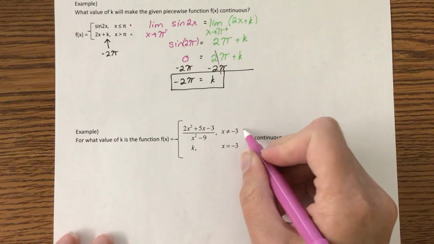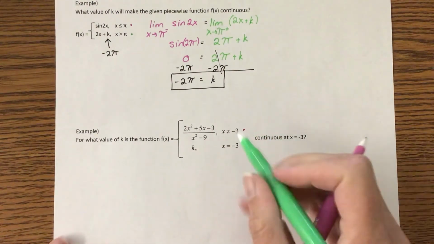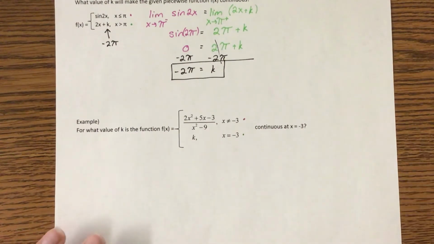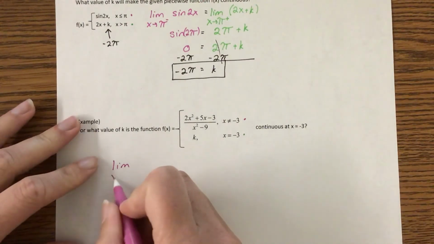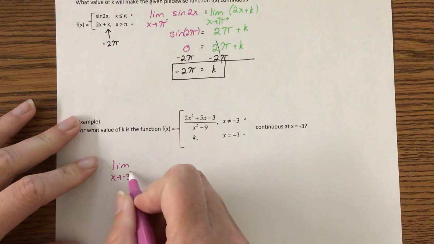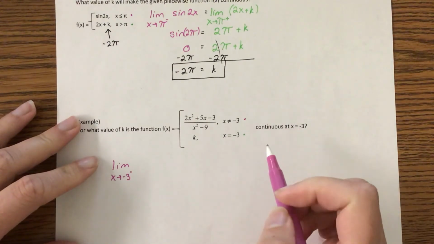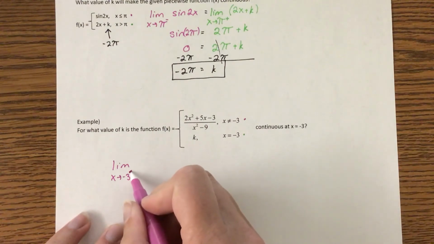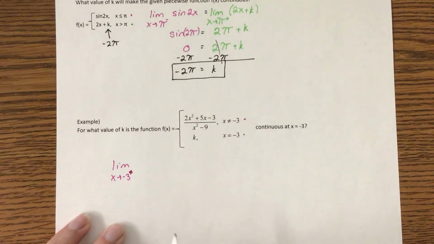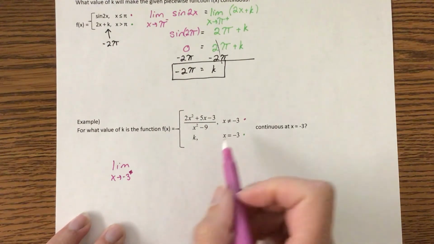So here's what we're going to do. Do the top one as pink again, bottom one as green. So the limit as x approaches negative 3 from the left and from the right-hand side, they have to actually equal the same thing. So that's both. Don't have any whiteout, so we'll just leave it alone.